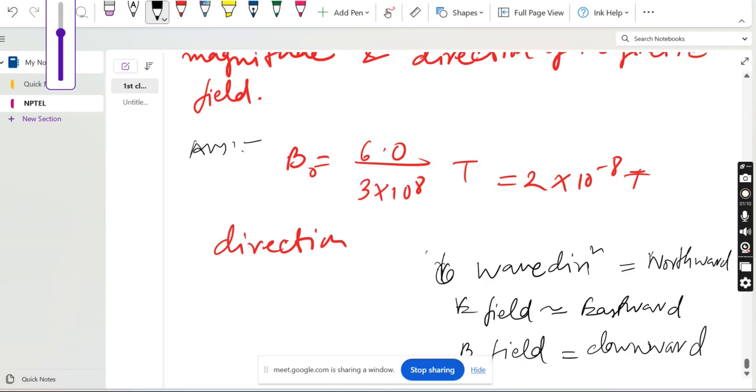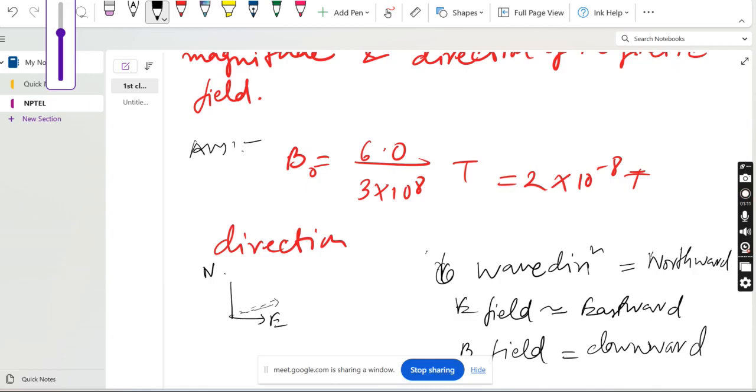In the diagram, this is the east direction, this is the north direction, and this direction is downward.